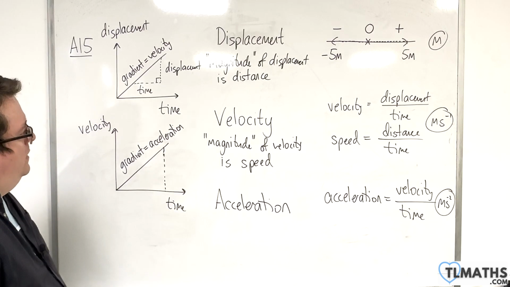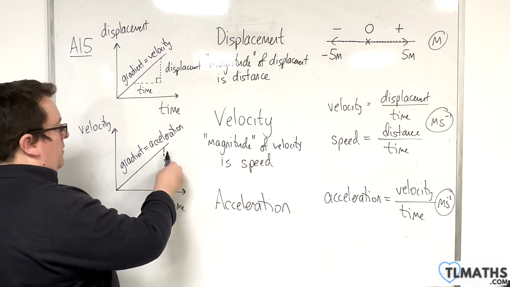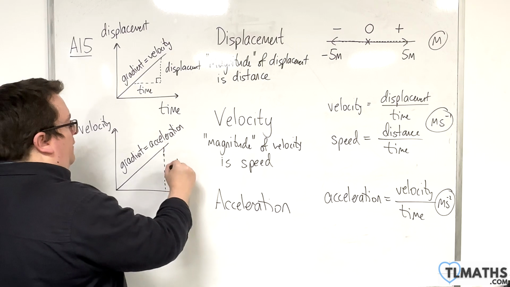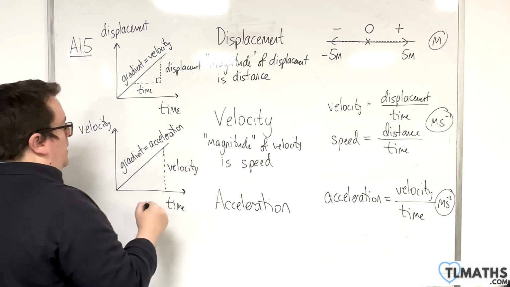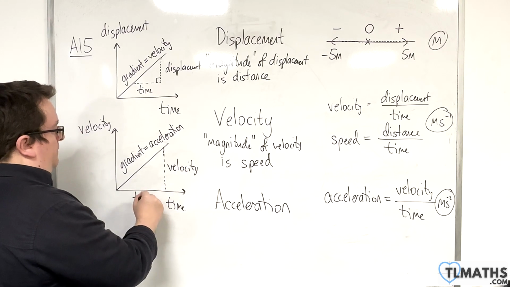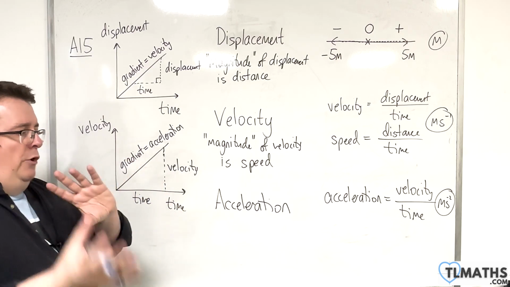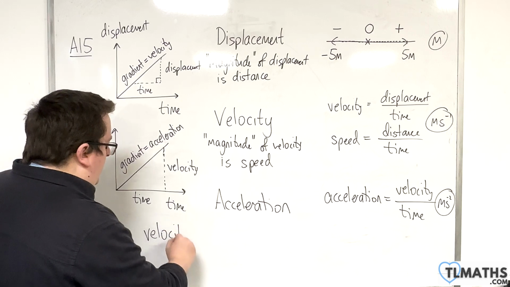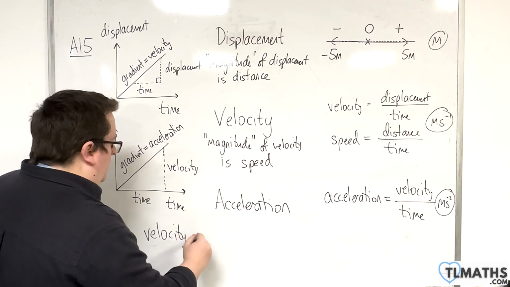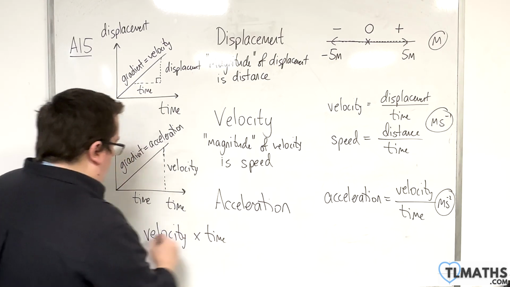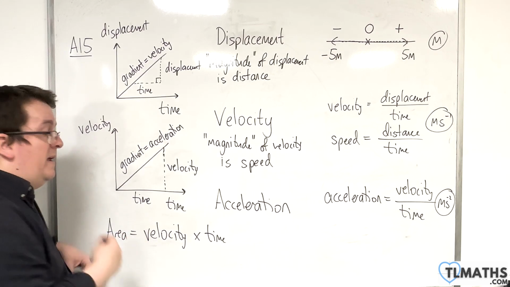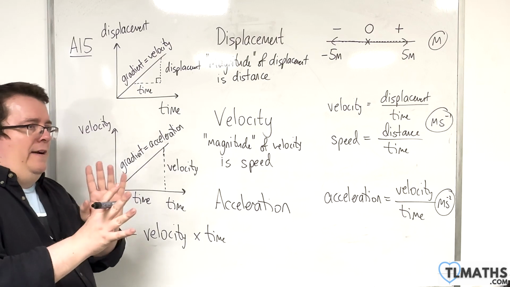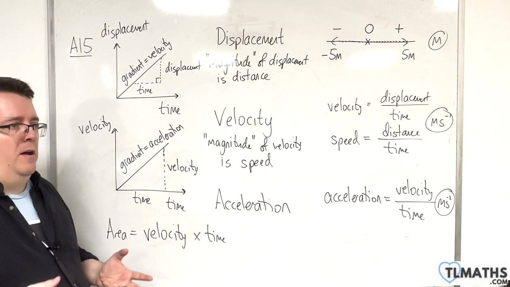If you were to multiply this length by this length, you are multiplying a change in velocity by a change in time. So you're doing a velocity times a time to find an area. I know there'll be a half in there because it's a triangle, but just think of it as the base terms. When you work out an area, you're doing really one side multiplied by another.